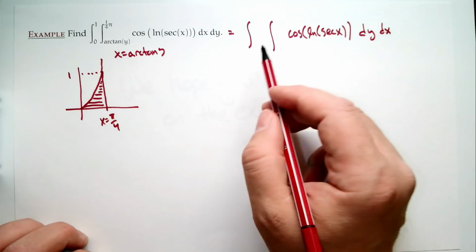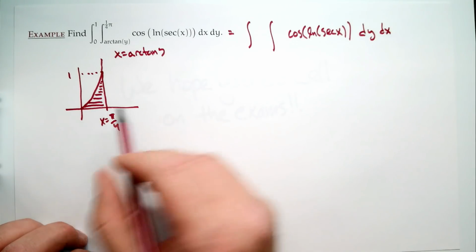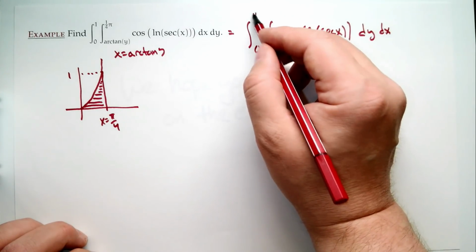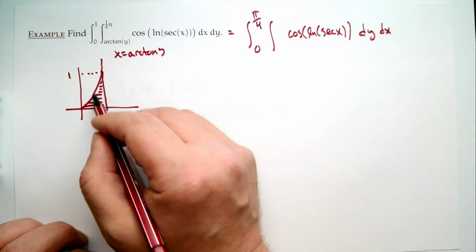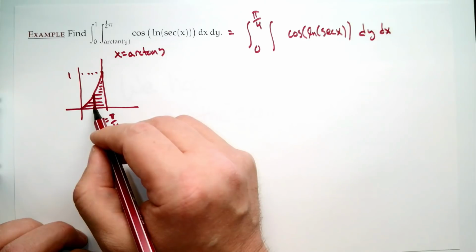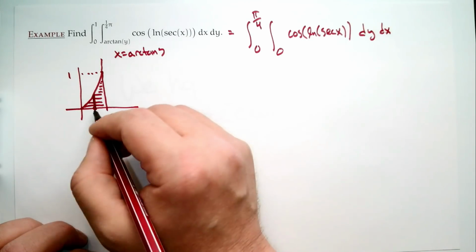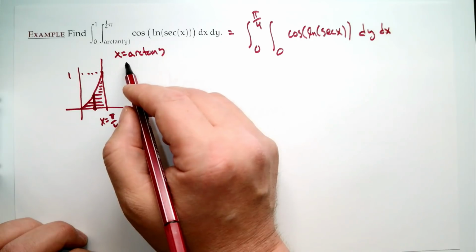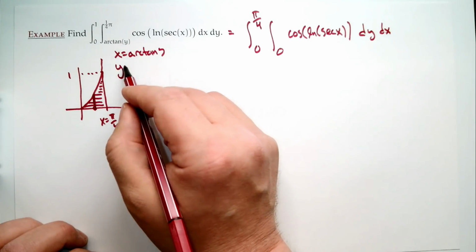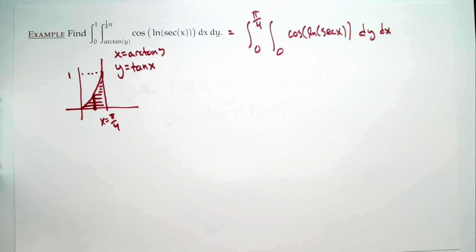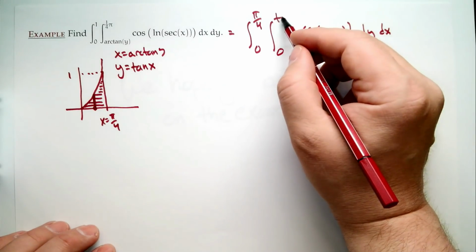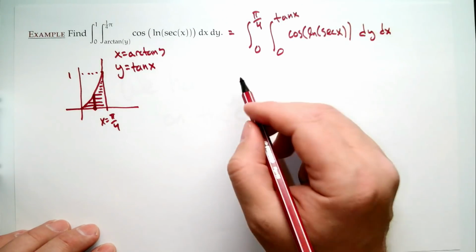So let's see, where does x go from? Well, 0 up to pi over 4. And where does y go from? Well, we're now going to go up. So we're going to start at 0 and go up till we hit this curve. Now the curve was x equals arctangent of y, but it could also be written as y equals tangent of x, because that's the inverse of the arctangent. So 0 up to tangent of x.